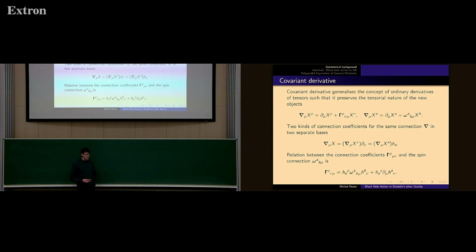After we realize that these are merely two kinds of connection coefficients for the same affine connection, however written in two separate bases, and that the action of the covariant derivative on a tensor as a standalone object should not depend on the choice of the basis, we get a straightforward relation between these two kinds of connection coefficients in this final relation.